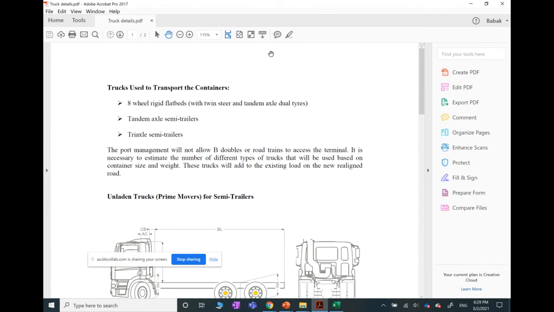So the final destination is not just the port in this case. So the existing traffic can still have some B-doubles or road trains. But for the transport of the containers to the port, it is not allowed to use B-doubles or road trains. Is this clear?